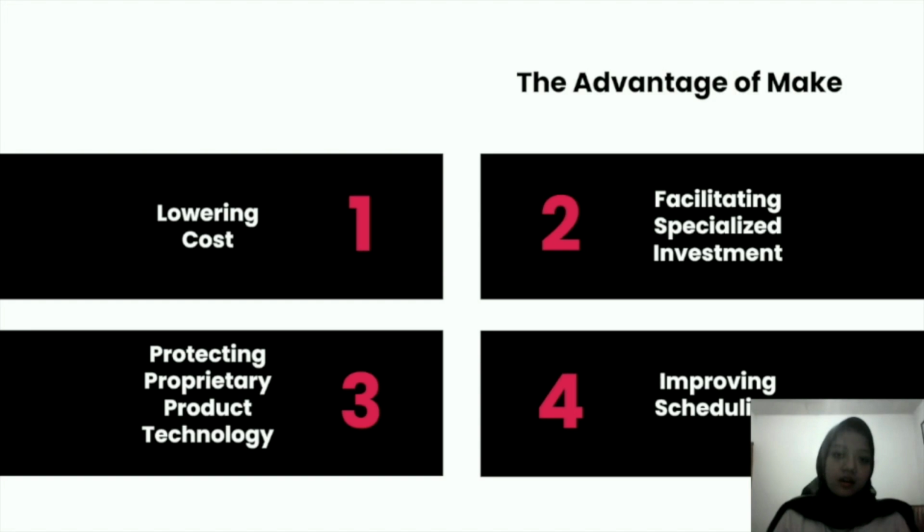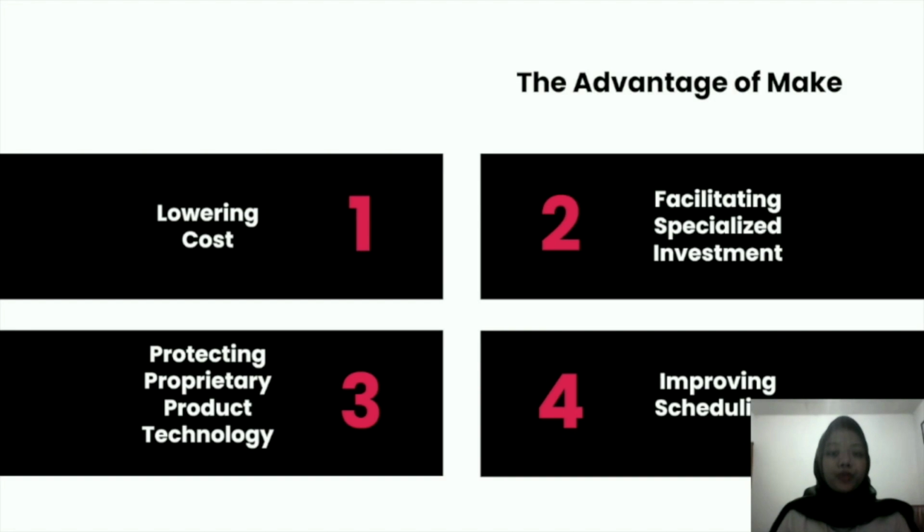The third is protecting proprietary product technology. We have known that proprietary product technology is unique to a firm. If a firm wants to produce a product containing superior features, proprietary technology can give the firm competitive advantage. The firm wouldn't want competitors to get this technology.